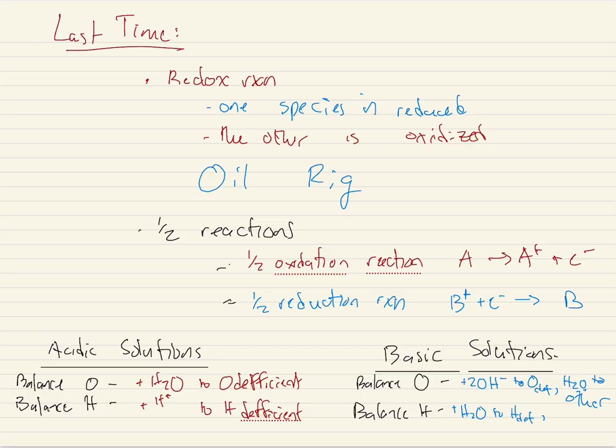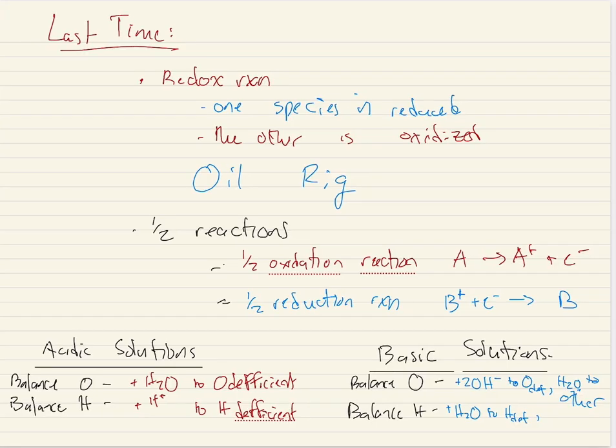How would I have a net hydrogen on the deficient side? You add one hydroxide to the other side, right?